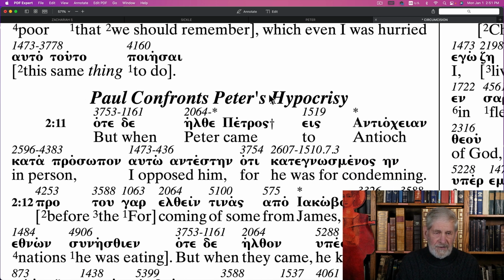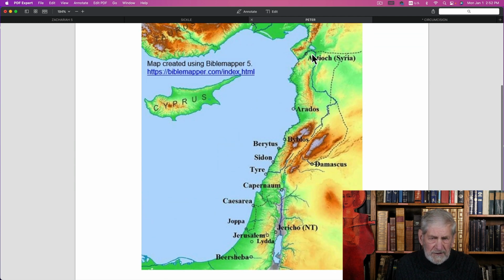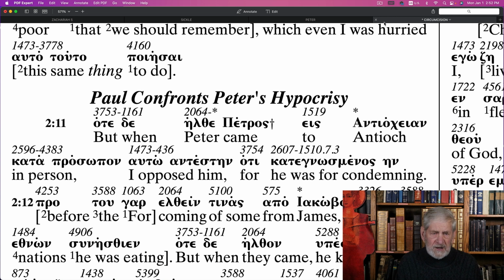So there he is in Jerusalem, but Paul now goes further and he says, but when Peter came to Antioch, now Antioch is on that map, that's up here, up in Syria, almost to Turkey. So this is the furthest we see Peter being mentioned as far as a location.